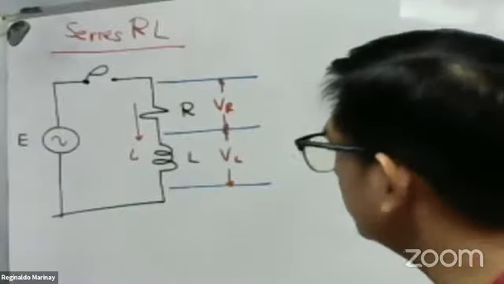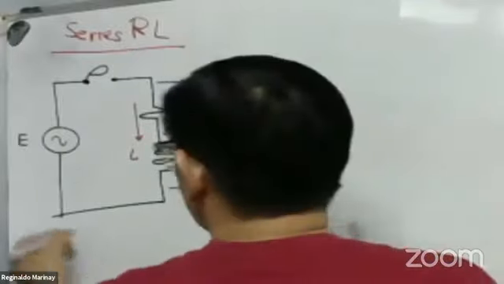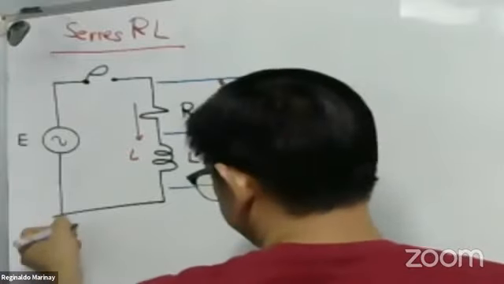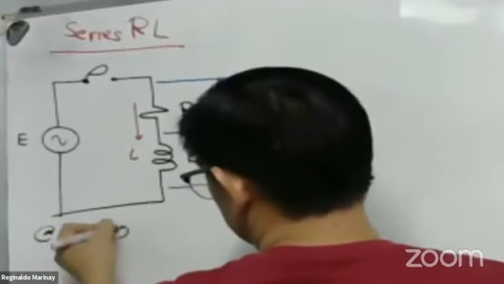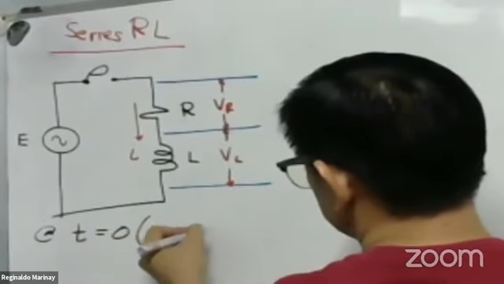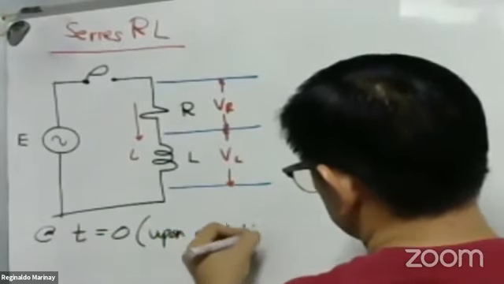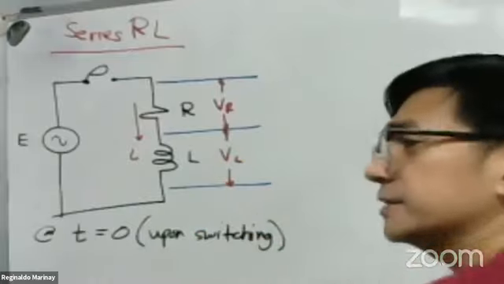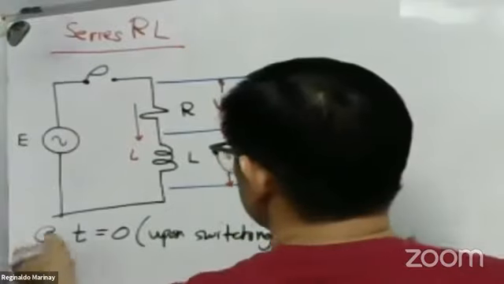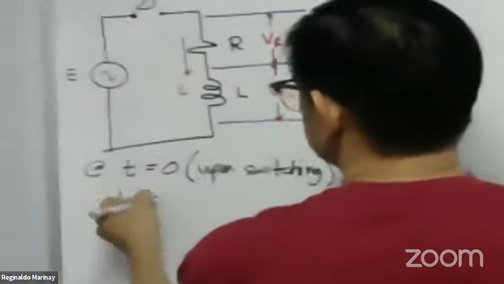There is a boundary condition. At time t is equal to 0, when we say time t is equal to 0, that is upon switching. So at time t is equal to 0, inductor L is open.